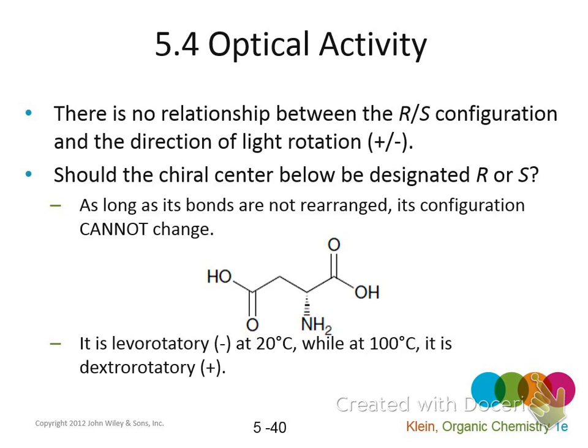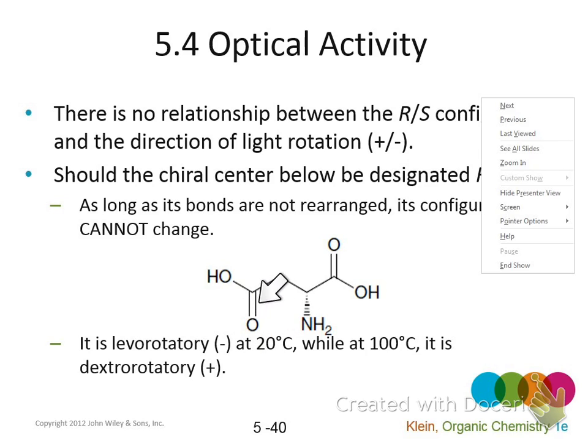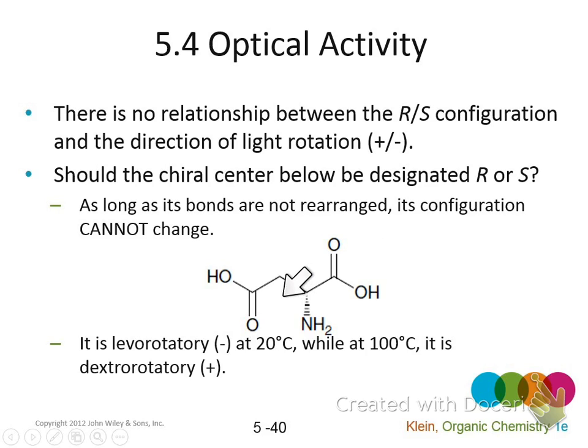We'll skip the RS configuration of the amino acid, but this particular compound, I think aspartic acid or glutamic acid, I always forget how many carbons each one has in the middle, at 20 degrees Celsius is a negative rotation, and at 100 degrees Celsius, it's a positive rotation. So again, temperature is very important.